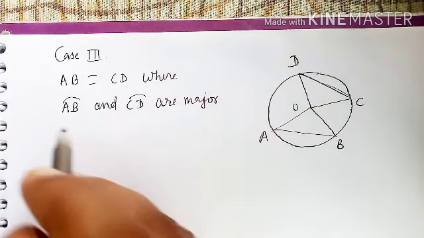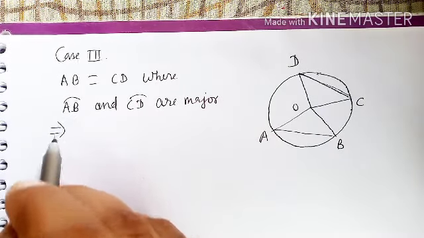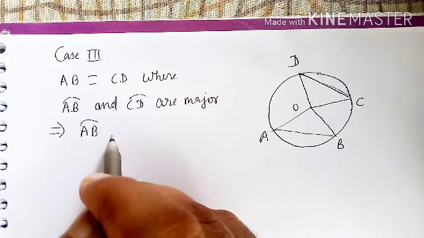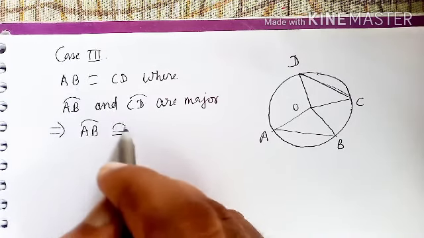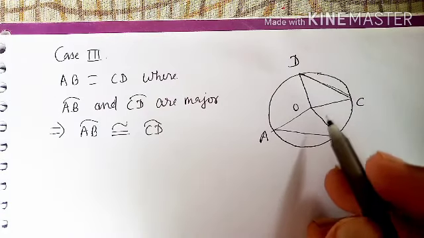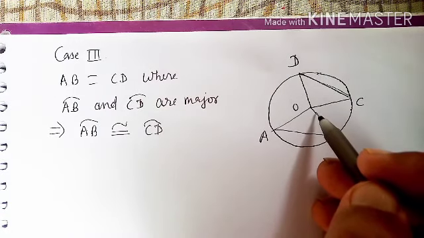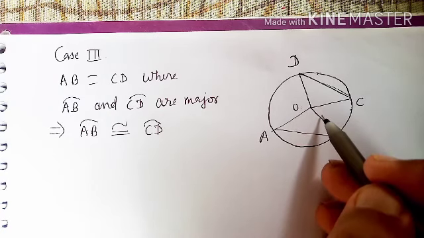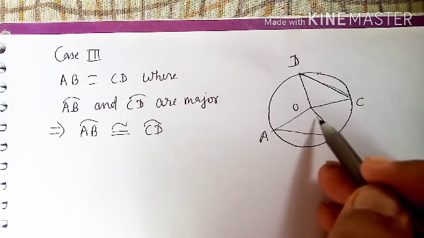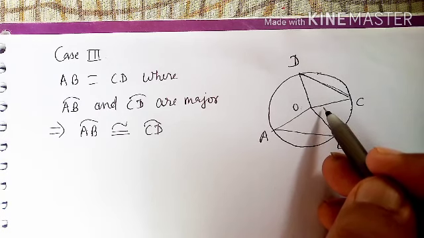We have to prove that arc AB is congruent to arc CD. For that we have to prove, for major arc AB, this reflex angle AOB is equal to reflex angle COD, this angle.